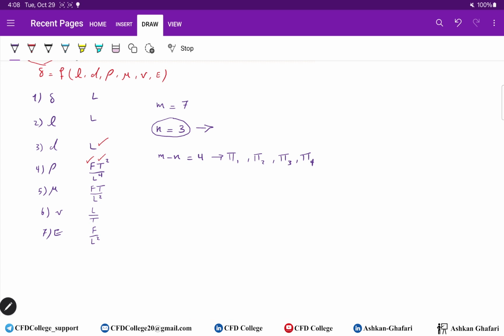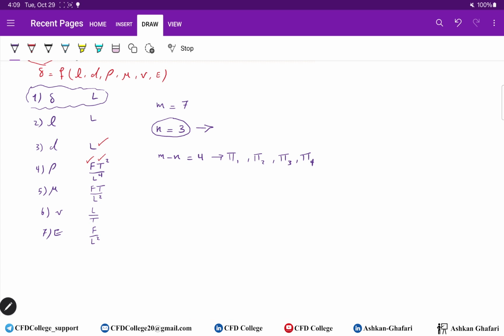The next rule is you never pick the first one. Why? Because the first one is the variable we want to study, so you shouldn't choose this one. So you have 6 other options and you have to pick them.